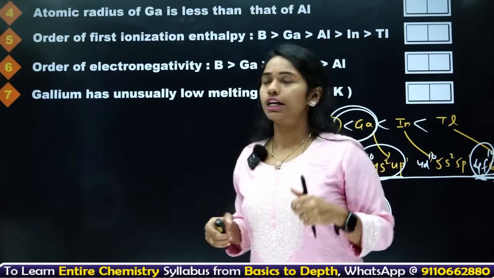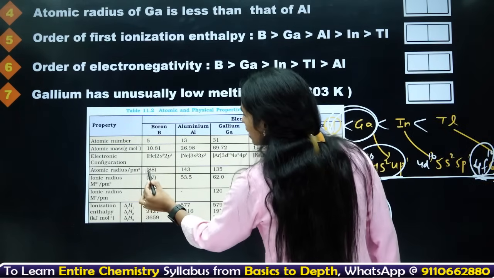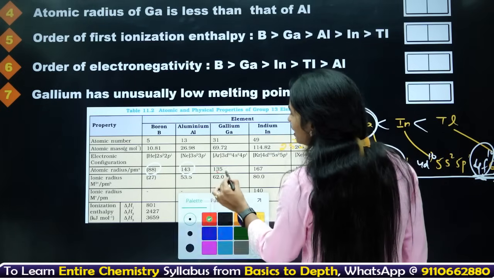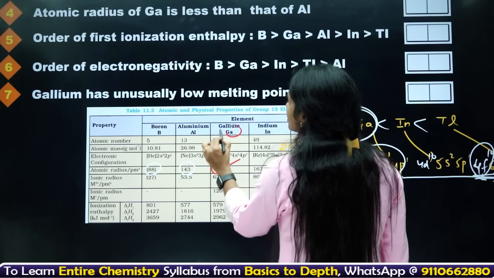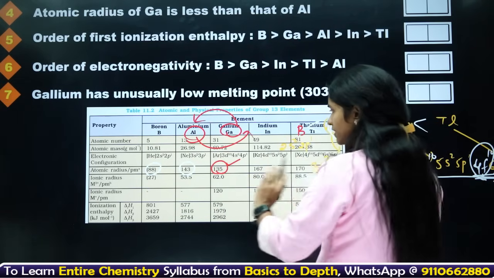Because of 3d electrons. If you see the trend here, atomic radius 88, 143. Next should increase, but it decreases due to this exception. Gallium comes to aluminium's place, aluminium comes to gallium's place. Fine.